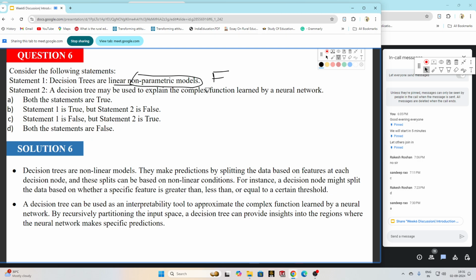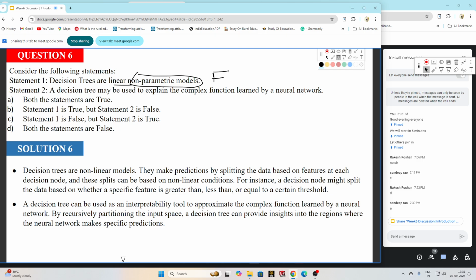Now the second thing: a decision tree may be used to explain the complex function learned by a neural network. So a decision tree can be used as an interpretability tool. The most important thing about a decision tree is that it is used as an interpretability tool, the best interpretability tool.